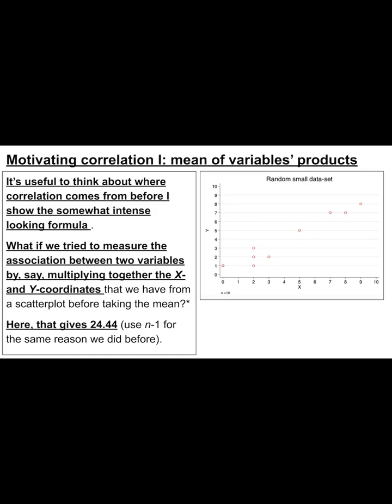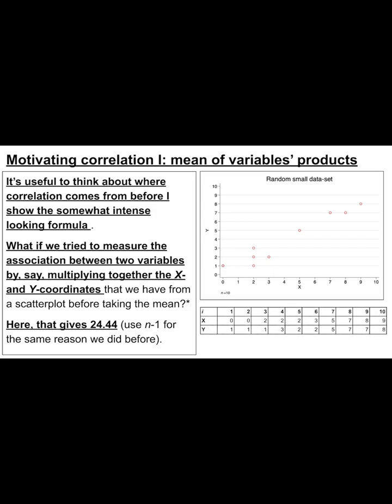Maybe that'll give us some rough sense of the association. This is known formally in linear algebra as taking a dot product and then taking the mean of the dot product. Again, remember that it's n minus 1, not n, but it comes to basically the same thing. So that's a nice idea. It gets us on the right track.